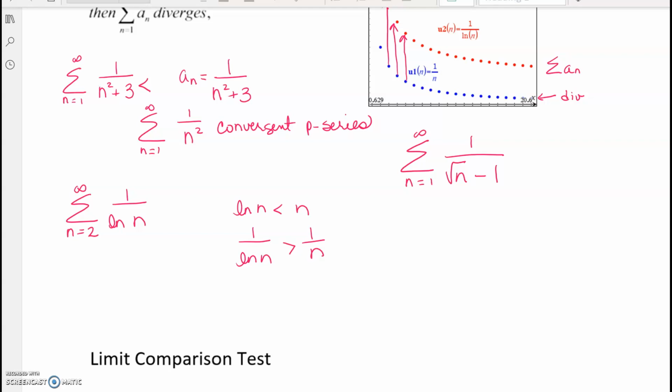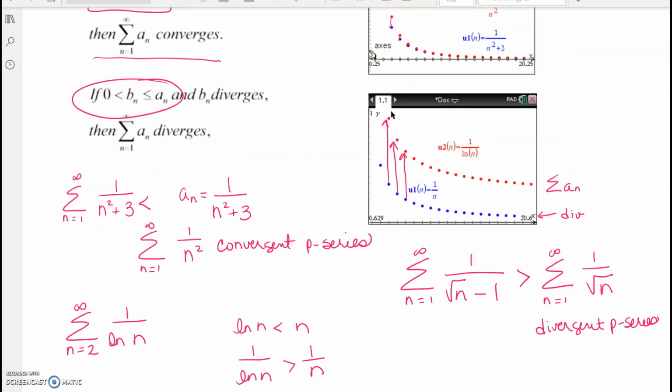So all we have to do is say, well, we know that if we subtract 1 from the denominator, we're making the whole quotient bigger. So this is actually larger than the series n equals 1 to infinity of 1 over square root of n. 1 over square root of n is a divergent P-series.